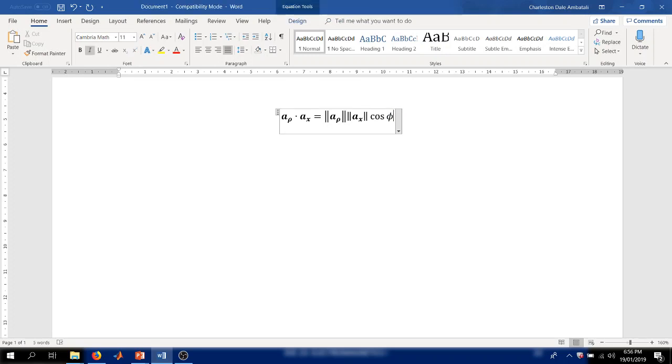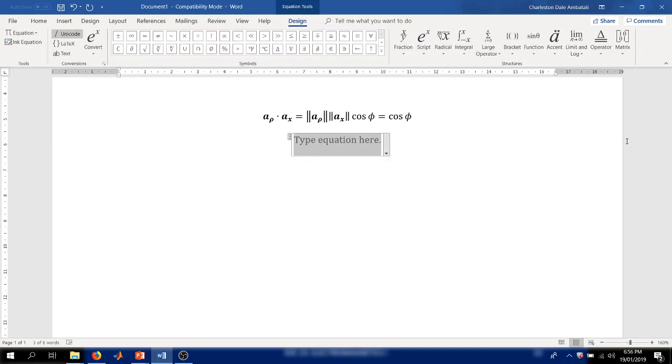And the magnitude of both A_x and A_rho is 1, therefore the result of the dot product is cosine phi. There you go.